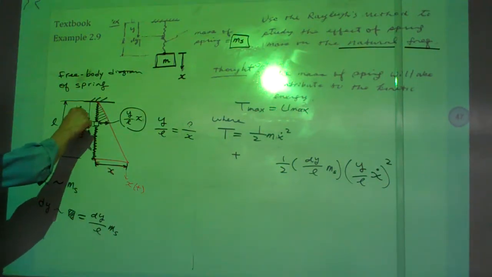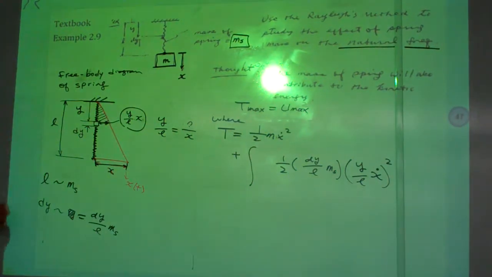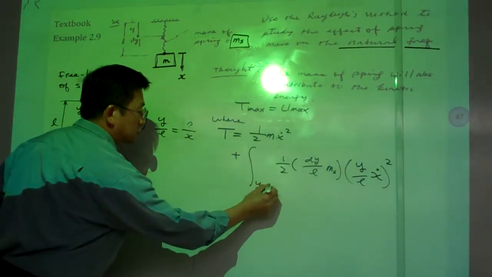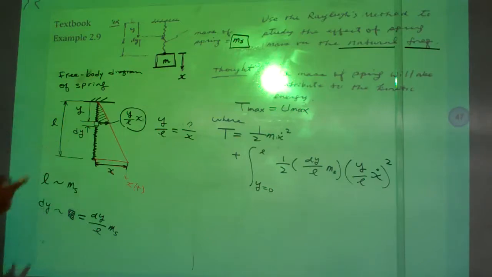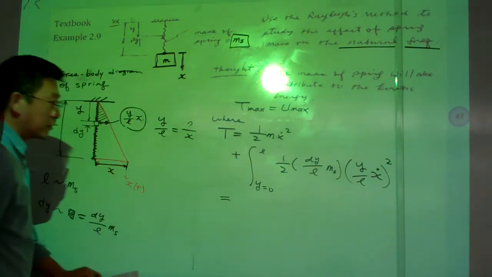Then we integrate the small amounts, with y from 0 to L. The second term gives us the total kinetic energy contributed by the spring. Any questions? Good.